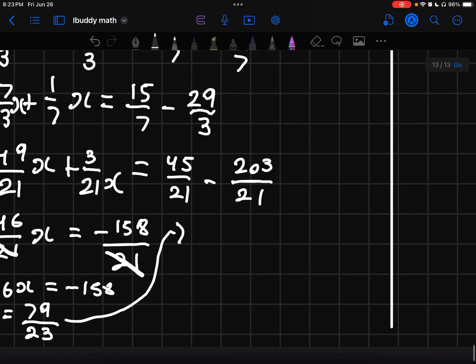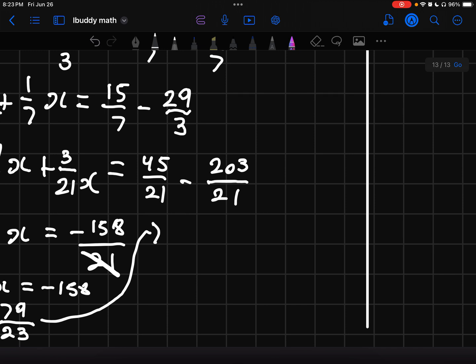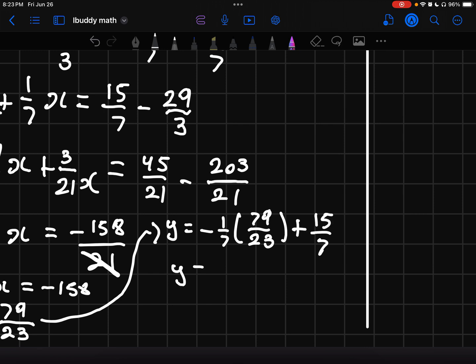And then we have to substitute that back into an equation to find the y. So y is equal to negative 1 over 7 times 79 over 23 plus 15 over 7. And y would then be equal to 266 over 161.